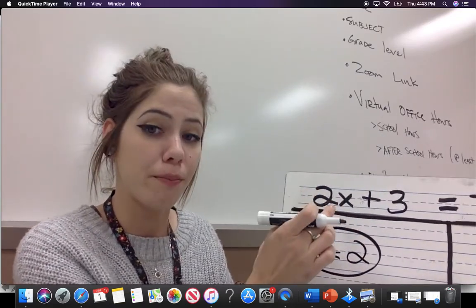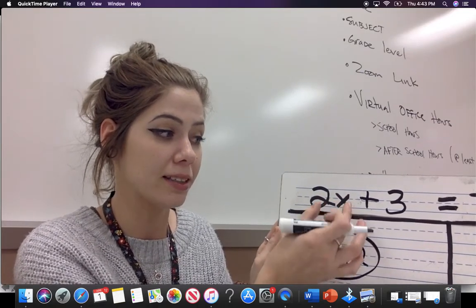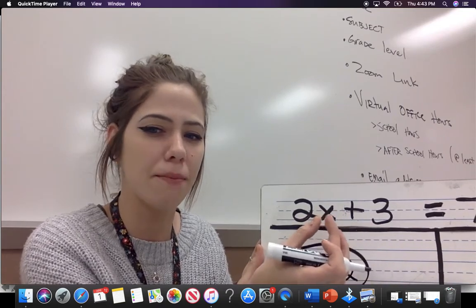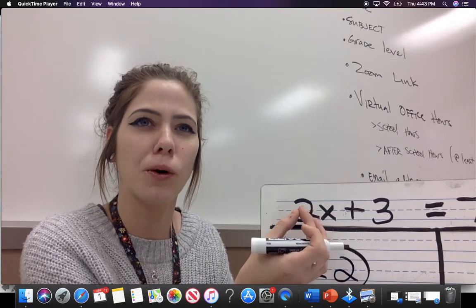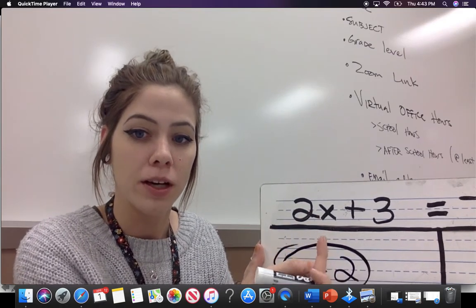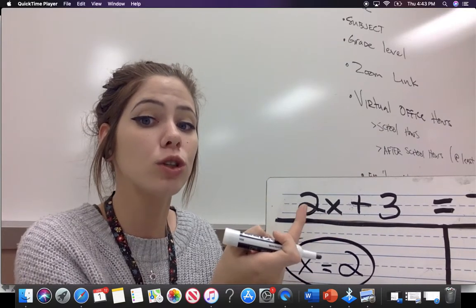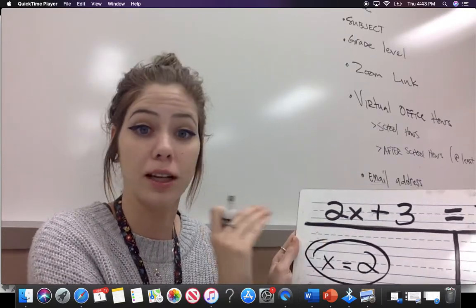So remember, if we're replacing this in here, if 2 is going to be replaced by x, if these numbers are smushed together, what does that mean? Does that mean we're adding them, or are we what? We're multiplying them, right? So now instead of multiplying 2 by x, we're multiplying 2 by 2. So let's rewrite that.